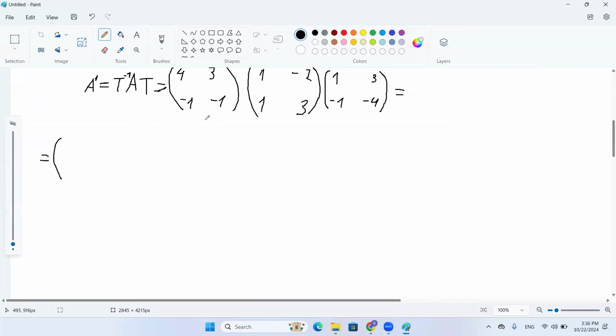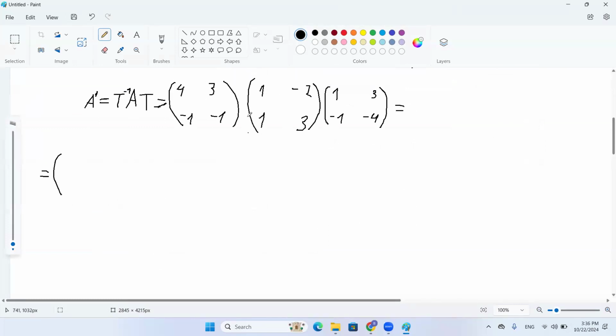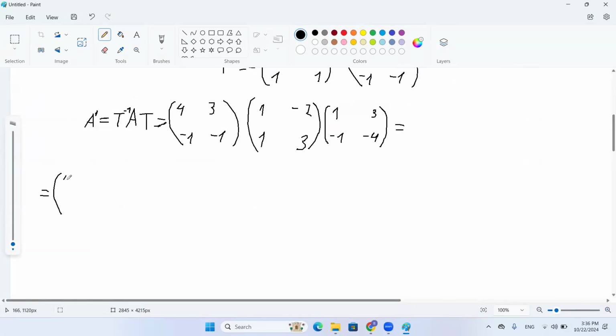So first of all, let's multiply these matrices. So 4 by 1 plus 3 by 1. Now let's write in details. Then 4 by -2 plus 3 by 3. Then -1 by 1, -1 by 1, so just -2.